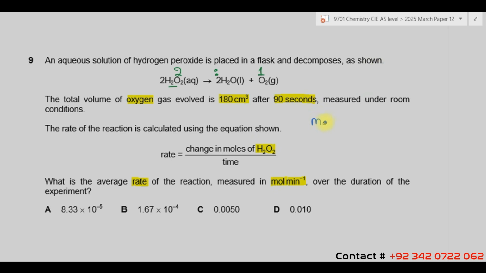Moles equals volume in centimeter cube divided by 24,000 centimeter cube. So 180 divided by 24,000. So moles of oxygen is 0.0075.